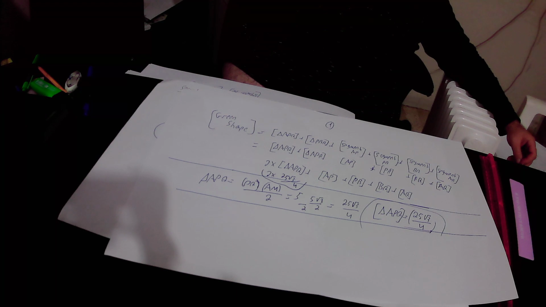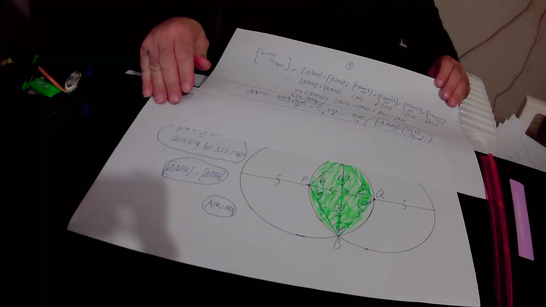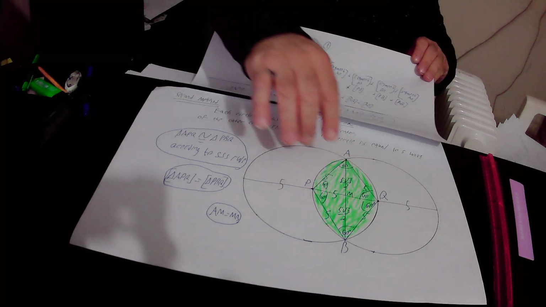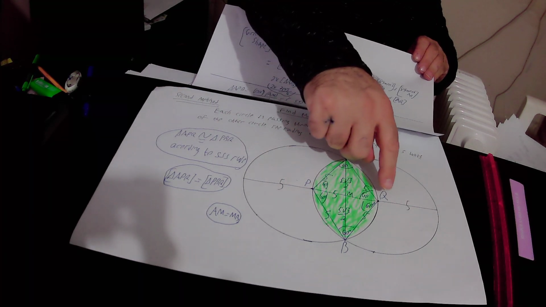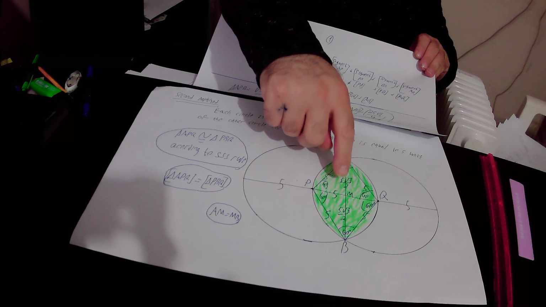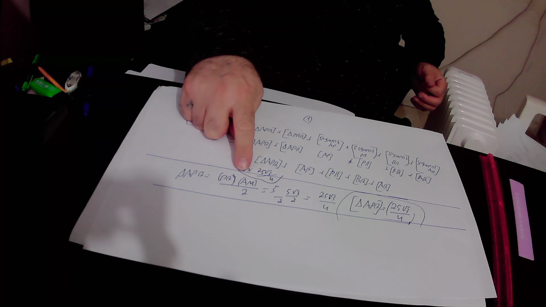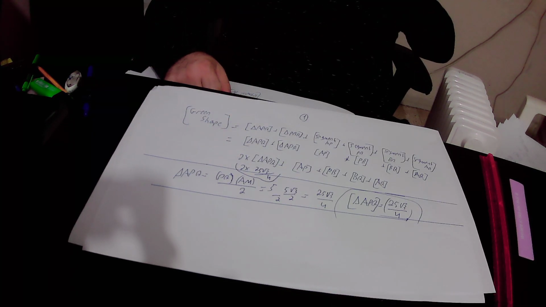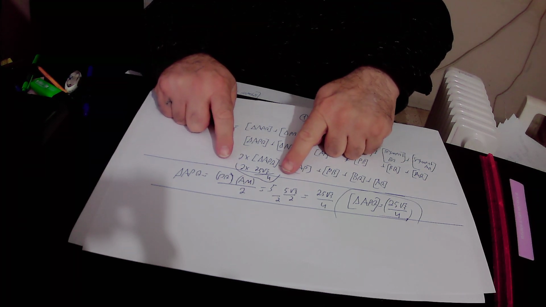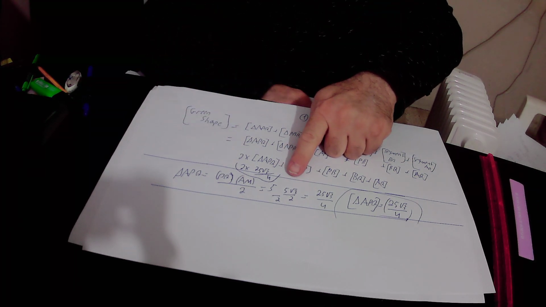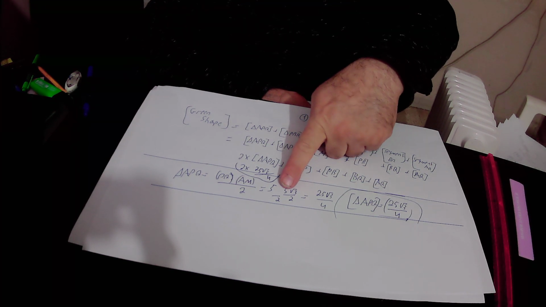And what is the area of triangle APQ? The area of triangle APQ equals the base of the triangle, that is PQ, times the height, that is AM, over 2. And here PQ equals 5 units, and we have already found out in the first method that AM equals 5 times square root of 3 over 2, all divided by 2.